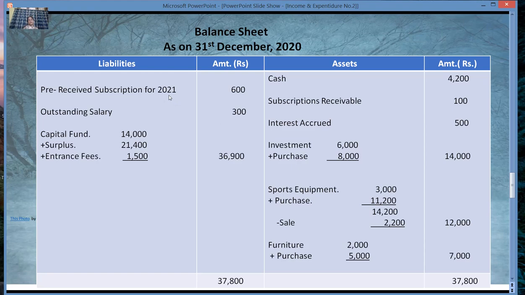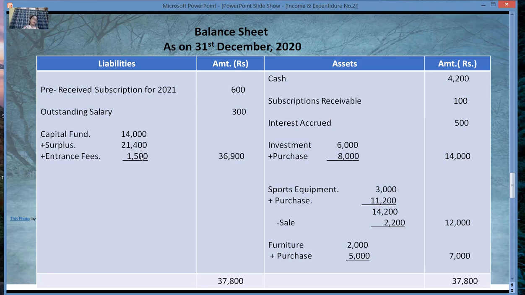Now, for 2020-21, you had received the subscription in advance. So pre-received subscription is always a liability. Salary outstanding was 300. That is also a liability, and is shown here. Now capital fund is 14,000, which we got from the opening balance. 21,400 is a surplus as indicated by your income and expenditure account.